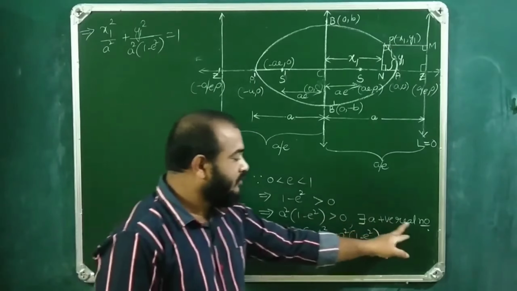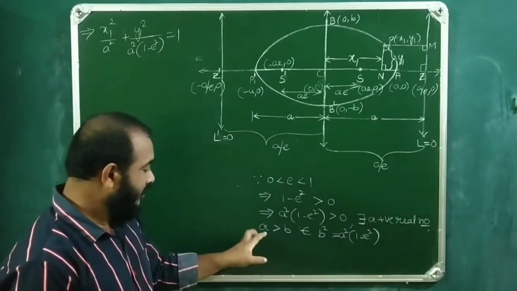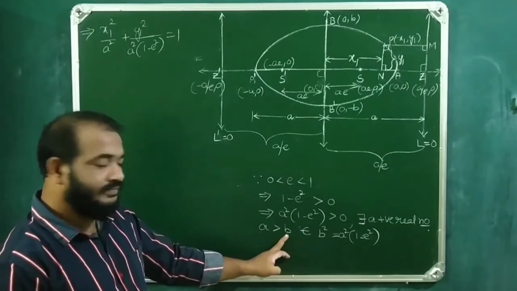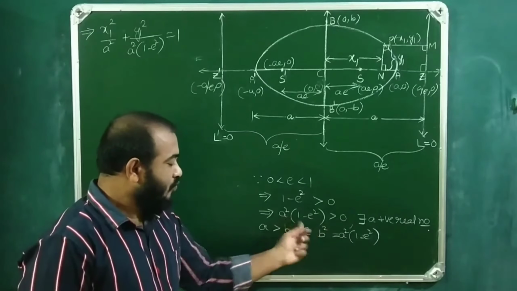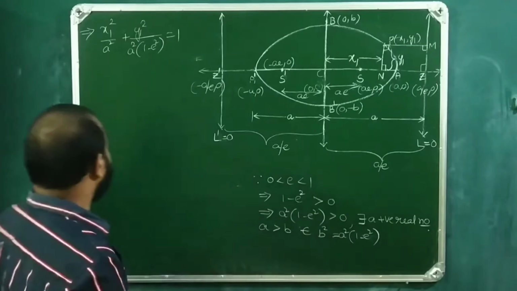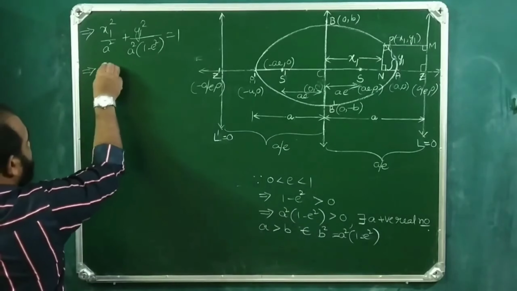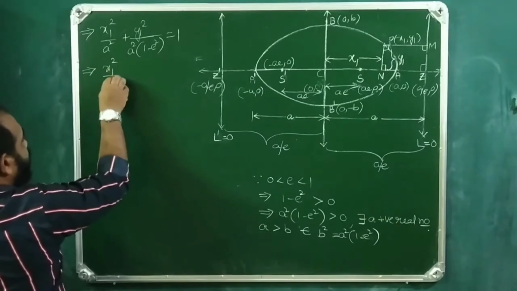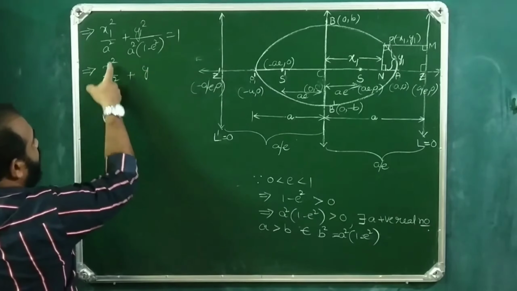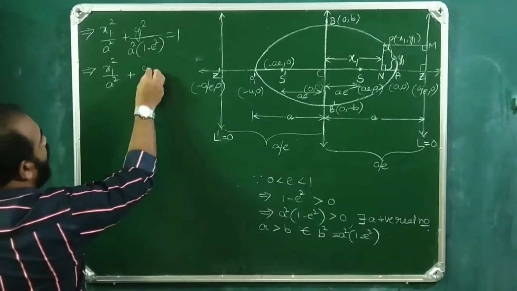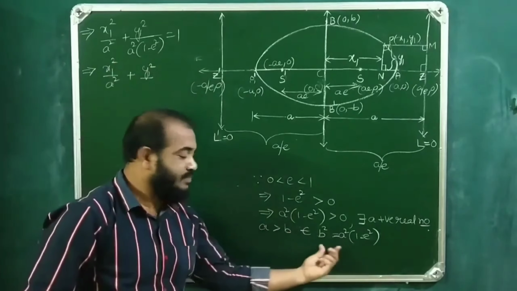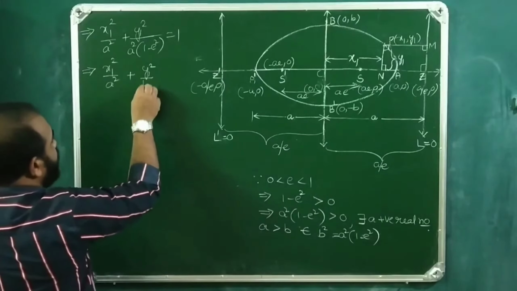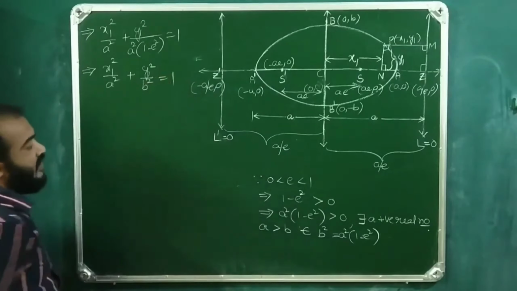There exists a positive real number b, I will take a greater than b, such that b square equals to a square into 1 minus e square. Then x1 square by a square plus y1 square by b square equals 1.